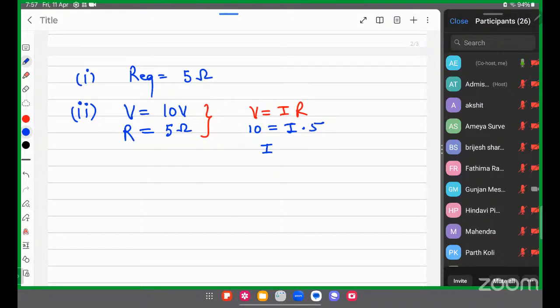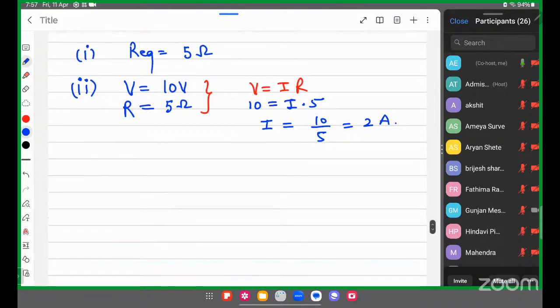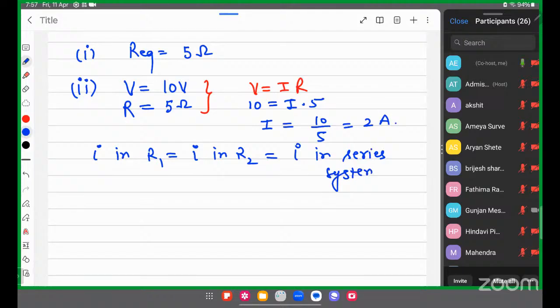We have to find out the value of I. This will be, I think, 2 ampere. So current I in resistor R1 will be the same as current I in resistor R2, the same as current I in the series system. And the answer will be 2 ampere.